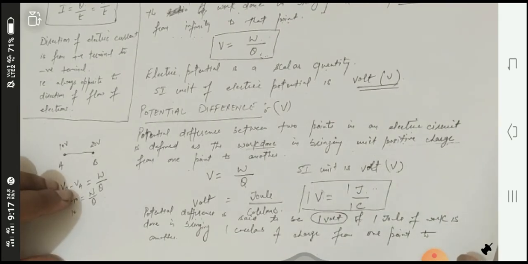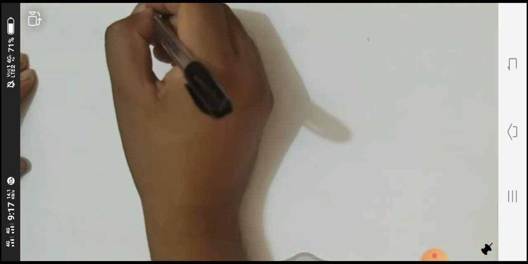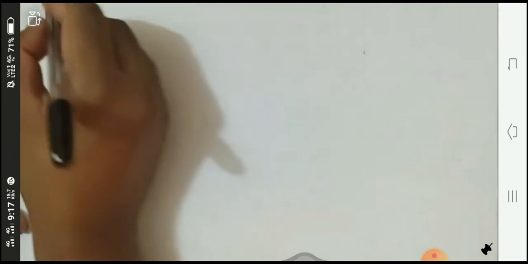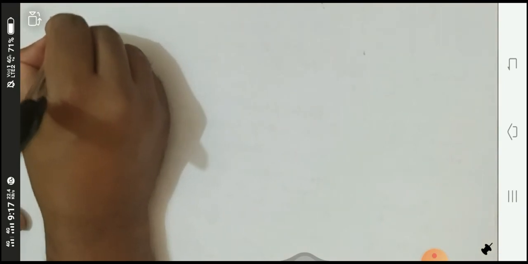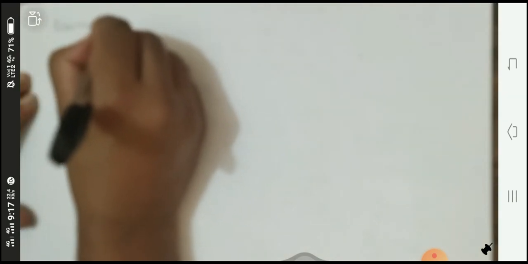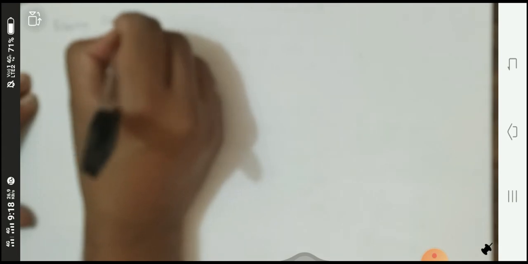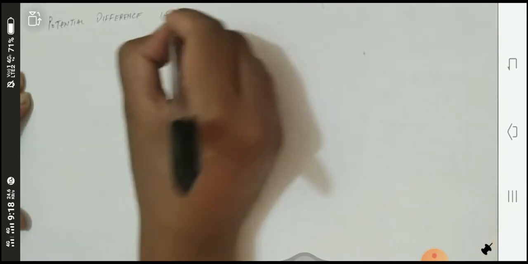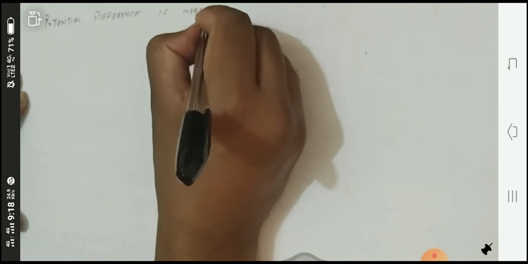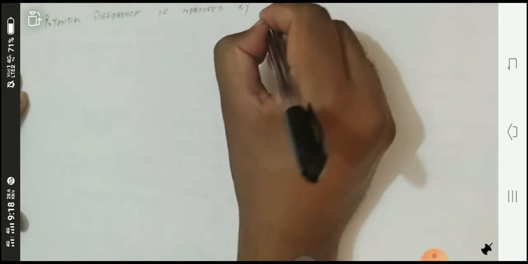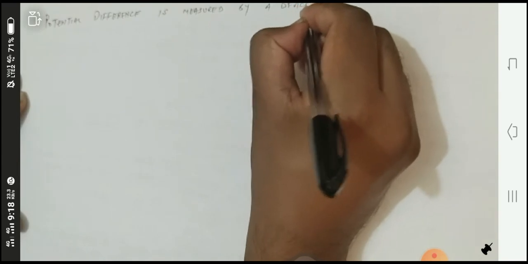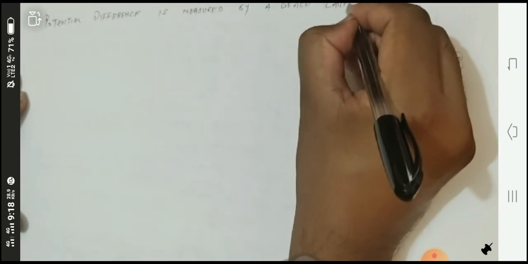After that, potential difference is measured by a device called voltmeter.